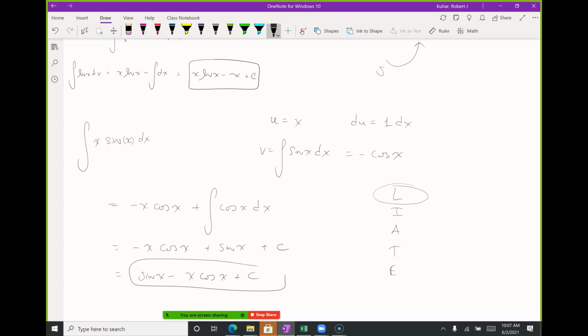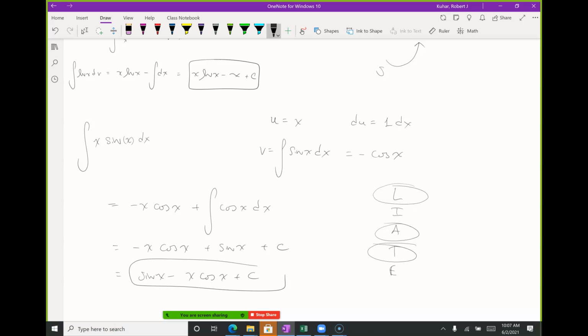In this particular problem, the first thing I saw was x, so there's my algebraic coming before the trig. So my first choice is u is x. If I only saw a trig, then my choice would be the trig. So I'm looking for what comes first in that list to be my u sub, and then everything else is dv.